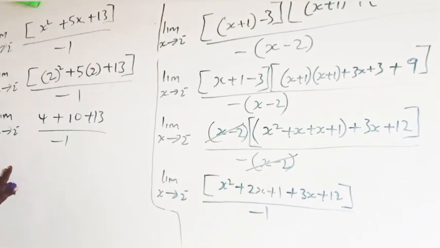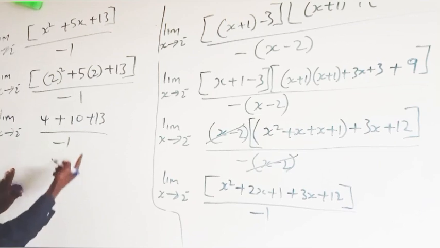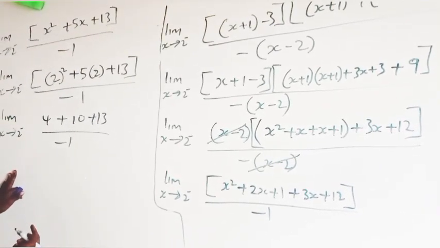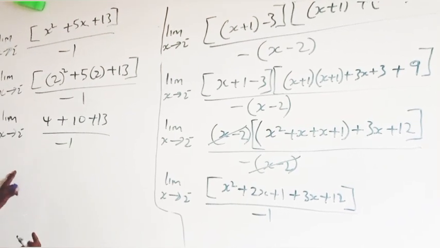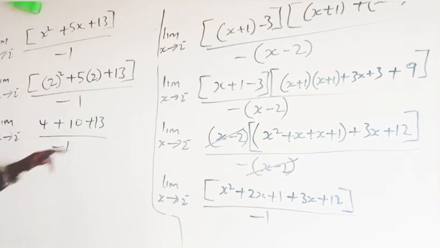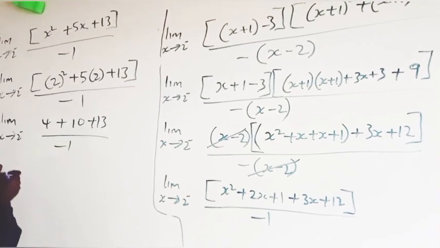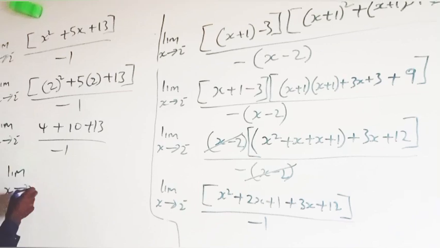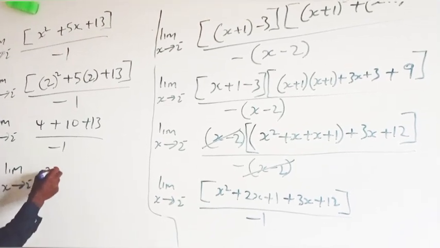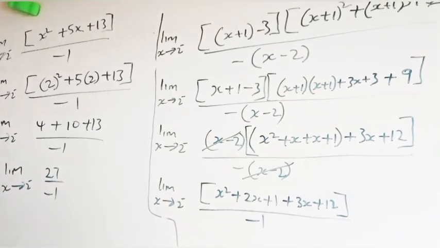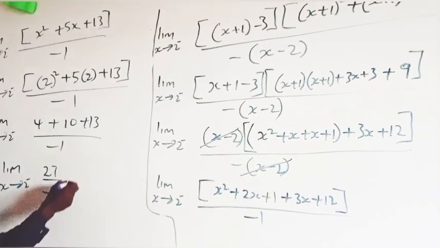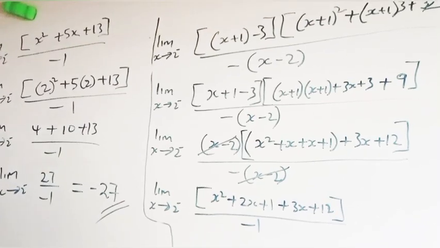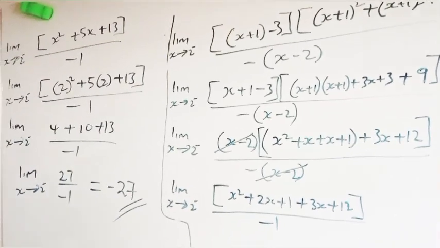So all you need to do is just add them together. 4 minus 10 is minus 6, and minus 6 plus 13 is 7. As limit as x tends to minus 2, we have 7 over minus 1, which is essentially minus 7. So minus 7 is our final answer to this question.